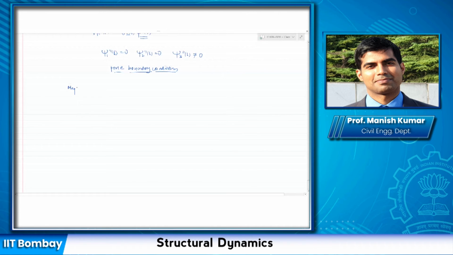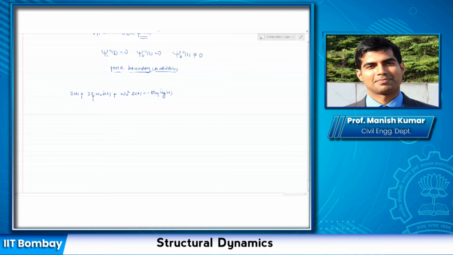Let me write it in terms of z double dot t plus 2 zeta omega n z dot t plus omega n square z t, and that is equal to gamma. Now, the next step comes subject to these conditions.